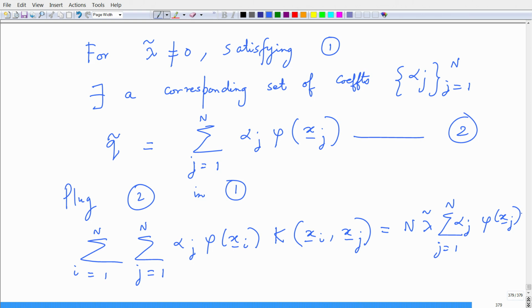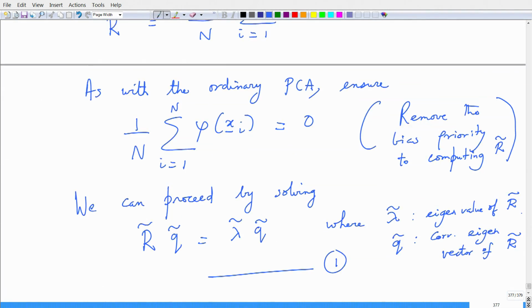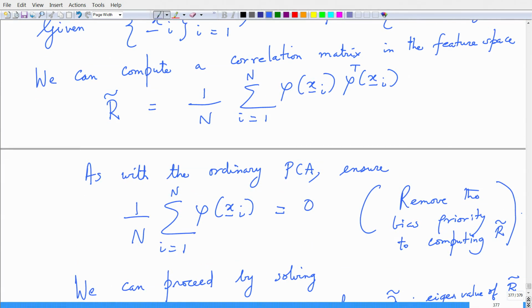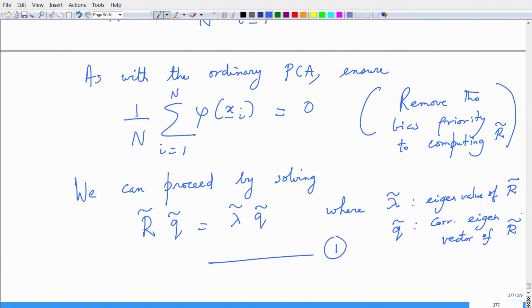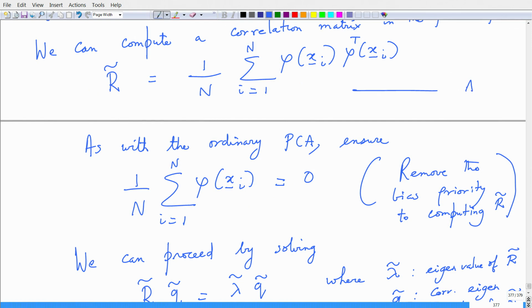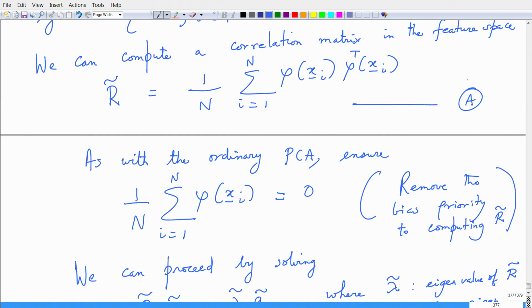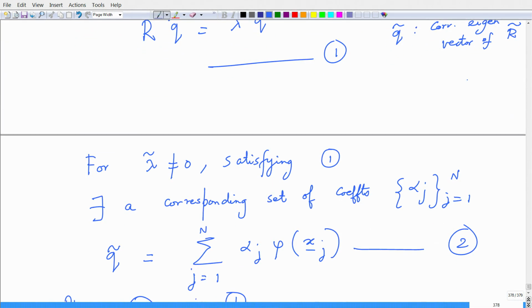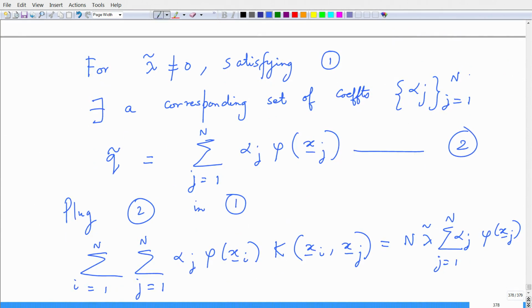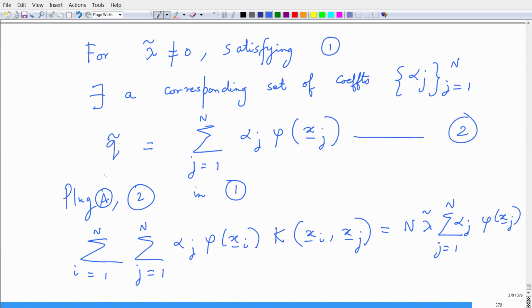Right. So what I have done is pretty straightforward. I expand this matrix R tilde using this equation here, which maybe I can call equation A. I use equation A and equation 2 in 1, and I can simplify this in this form. Now this kernel is straightforward.